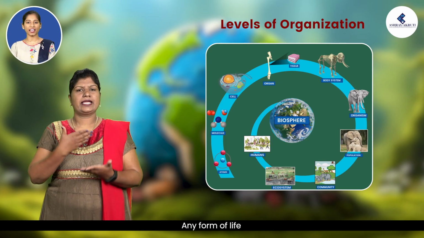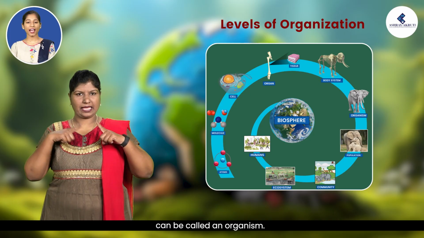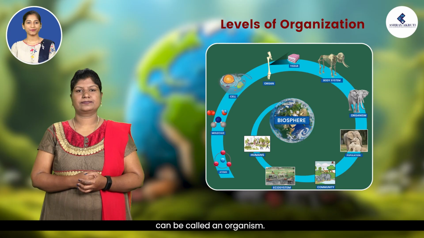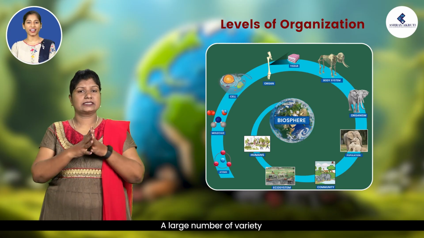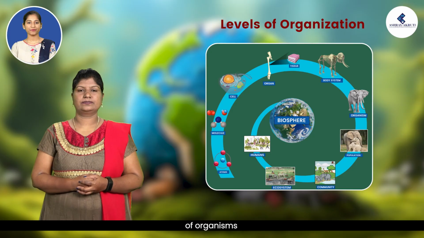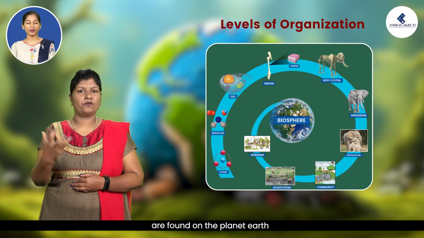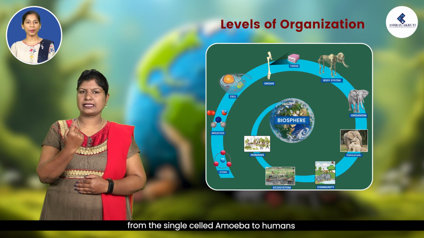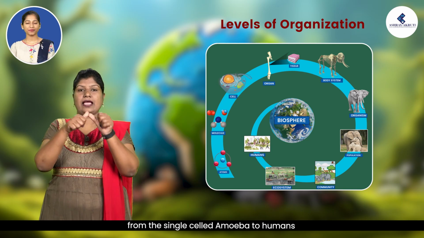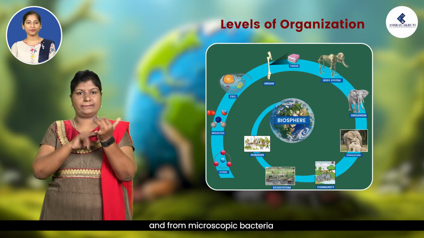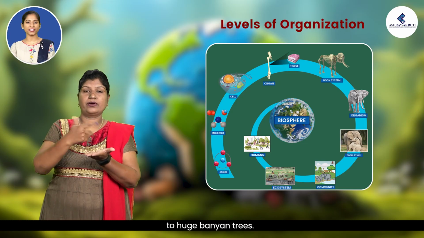Any form of life can be called an organism. A large variety of organisms are found on the planet Earth, from the single-celled amoeba to humans, and from microscopic bacteria to huge banyan trees.